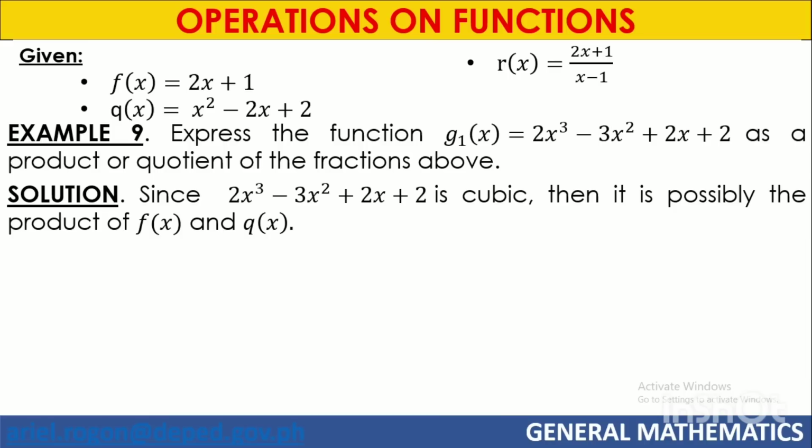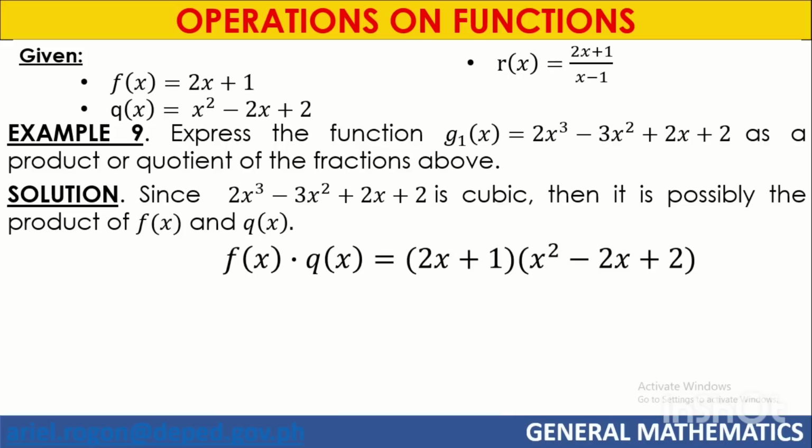Since 2x cubed minus 3x squared, so ang gagamitin nyo, it's either product or quotient ng function given above, no? Then it's possible, so magkakaroon tayo ng cube. So, possible na ang gagamitin is multiplication. So, if we're going to multiply f of x times q of x, no?